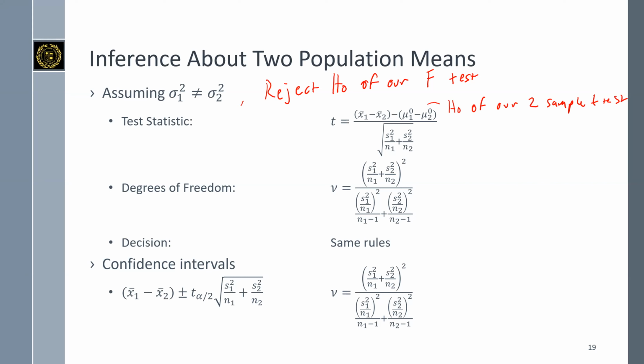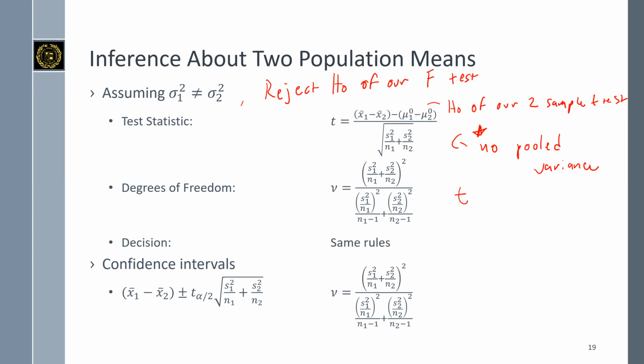But we divide by the sample variance over the sample size, and we take the square root. So here, there is no pooled variance. That's one of the key differences. No pooled variance.